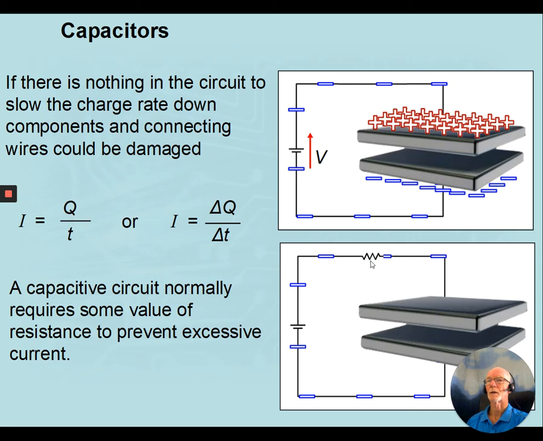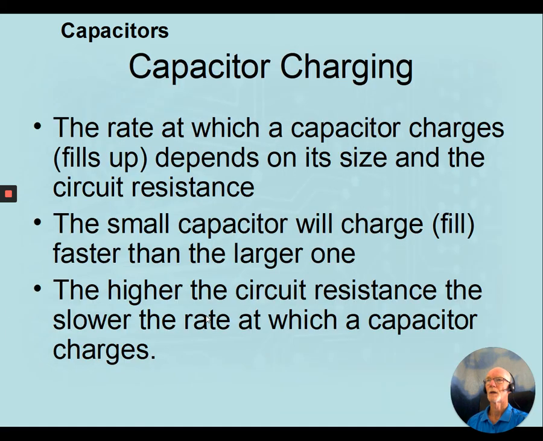And a capacitor in a circuit will normally have some resistance in there to prevent excessive current. So the rate at which a capacitor charges depends on the size of the resistance in the circuit and also the size of the capacitor. A small capacitor will actually charge up faster than a large capacitor for the same value of resistance.